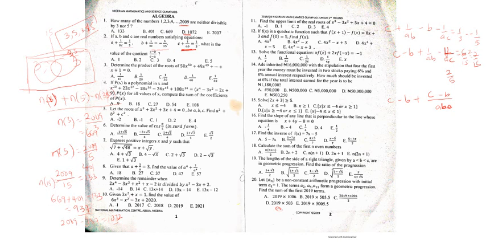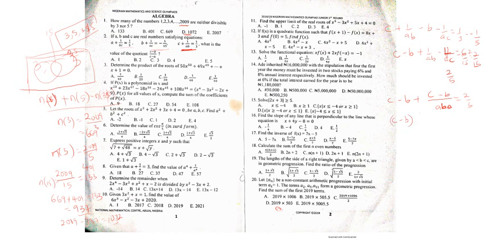Okay, so that will give us 2 over 5. Now in this case, what you can just do is that C minus B is common. C minus B, bring it out.